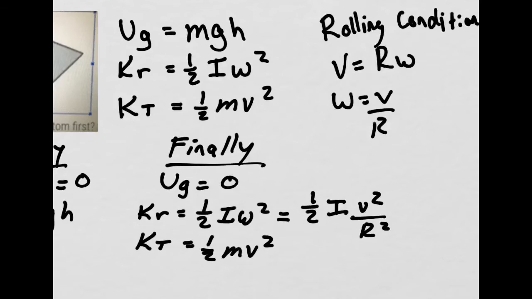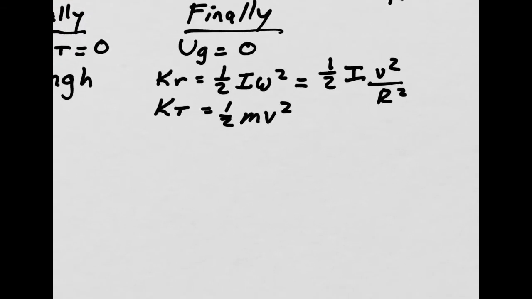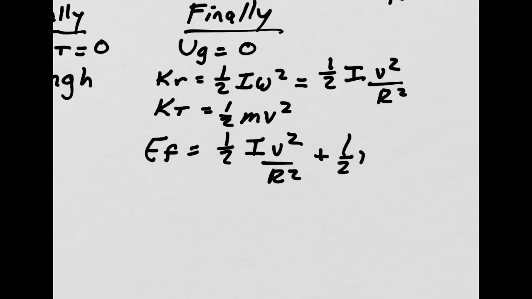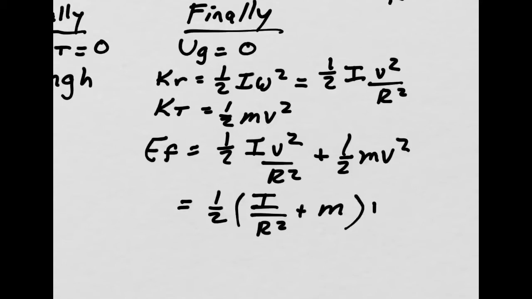So our total final energy is 1/2 I v squared over R squared plus 1/2 mv squared. So this is 1/2 (I over R squared plus m) v squared. So I just factored out all of the factors that are related to the object.